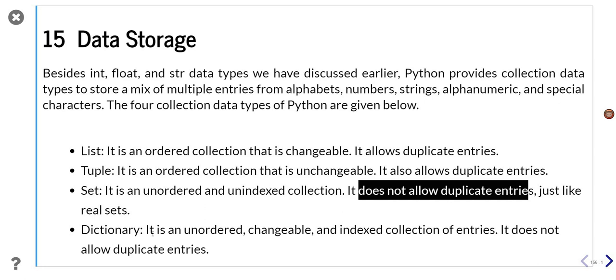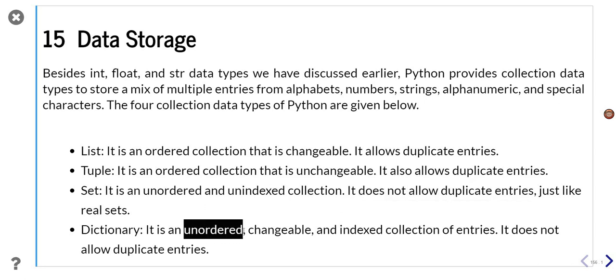And finally, the dictionary. A dictionary is unordered. You don't access it by using an index. Later we will see how this is similar to the switch. Remember the switch? It has a key and an entry, right? You use the key to access. It is unordered, which means you can't use an index to access it.